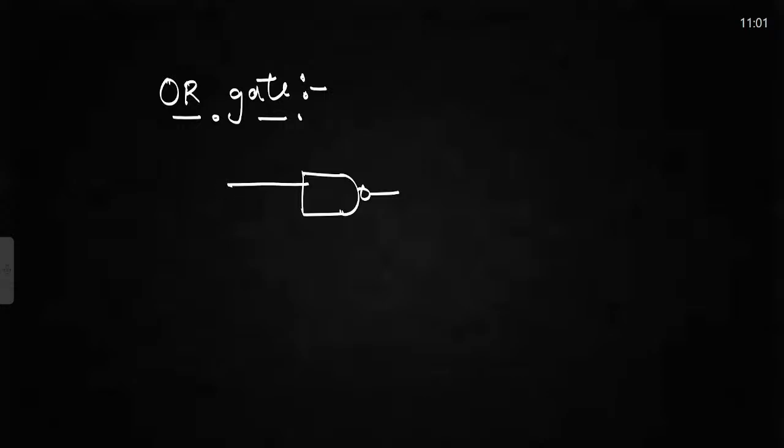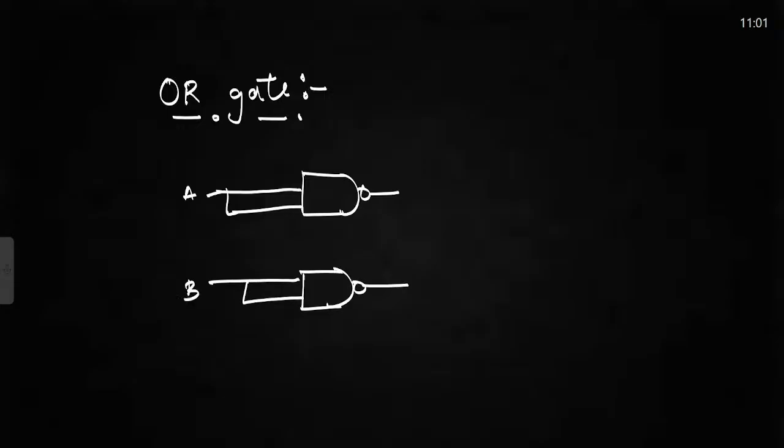I will short their inputs, and I will give one A and this will be my B. And now I will connect these two to another NAND gate.